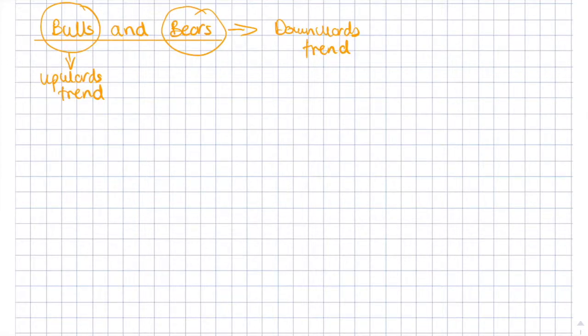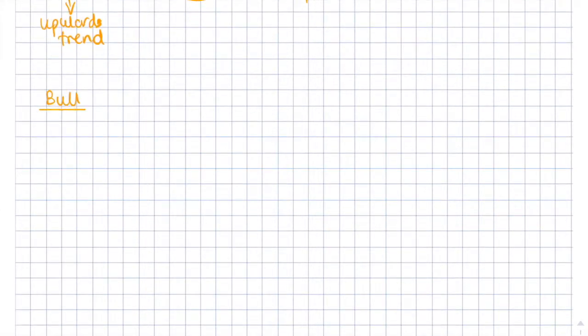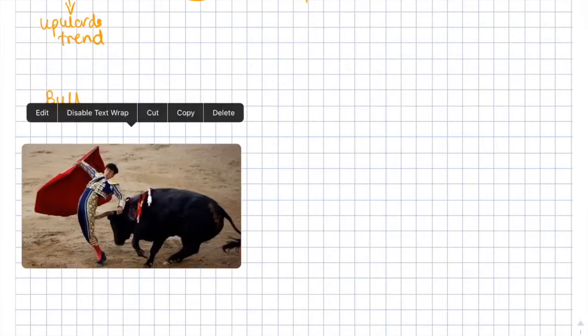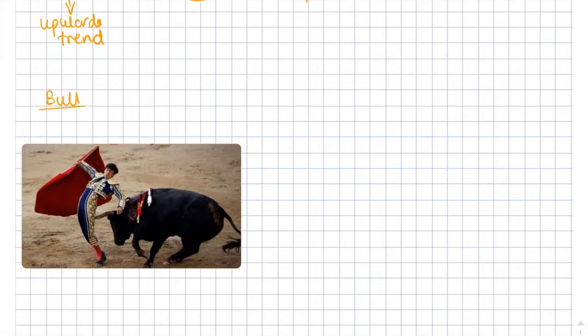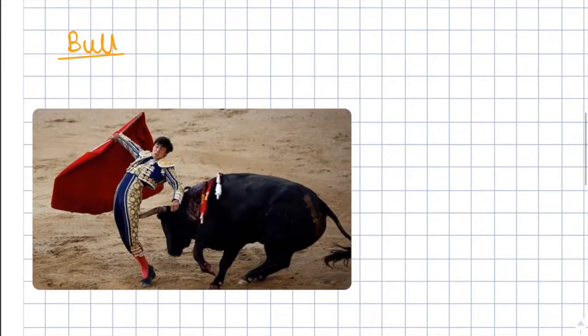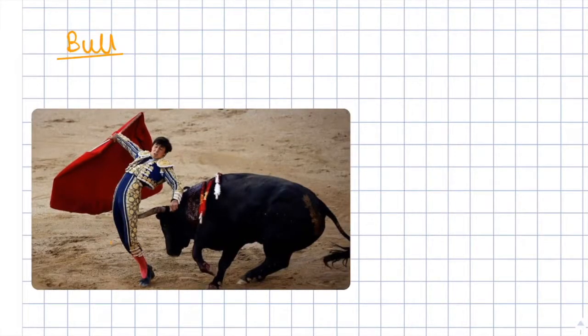When we say the word bull, what does it remind us of? Well, it reminds us of a picture of a bull fighting. And how does it fight? Well, it brings its horn down and then it lifts it up. So it's starting down and then it's going up. So when something starts down and goes up, that's an upward trend, or an increasing trend.